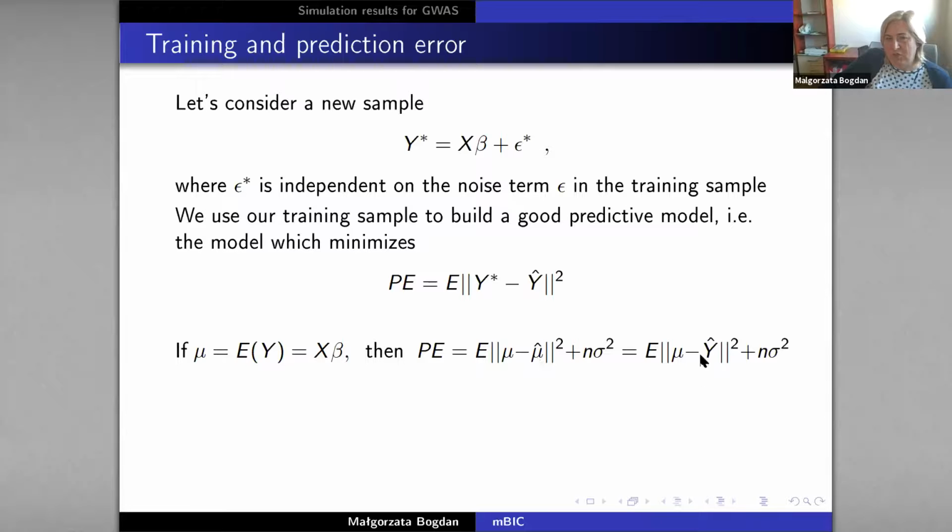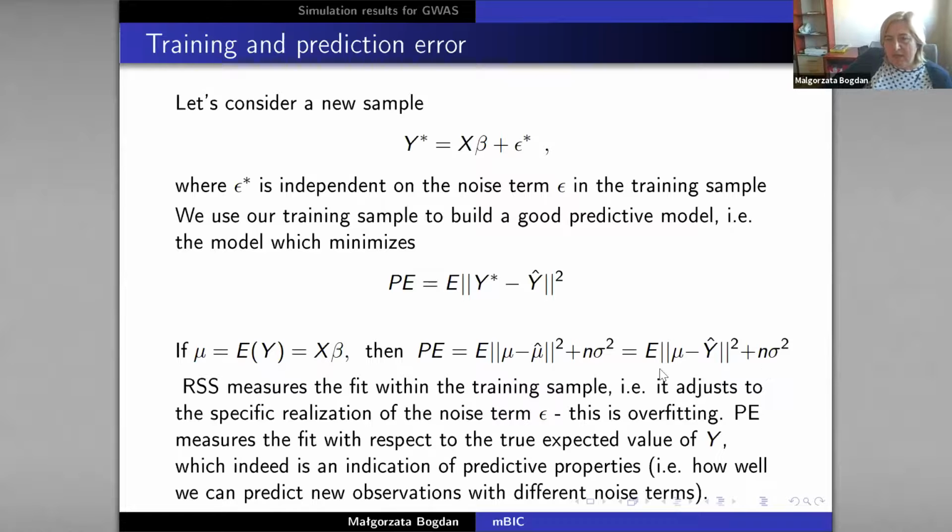Our prediction of mu is y hat, the estimator of the expected value of y, plus n sigma square, which will never disappear. The n sigma square simply comes from the fact that even if I exactly knew x beta, the expected value, or if I exactly knew my beta, I would still not be able to predict my y completely because of this error term, this epsilon. And the expected value of its squared norm is n sigma square. So this is how the prediction error looks like.